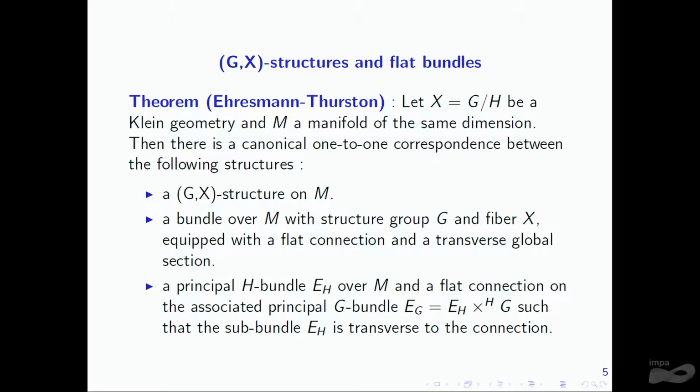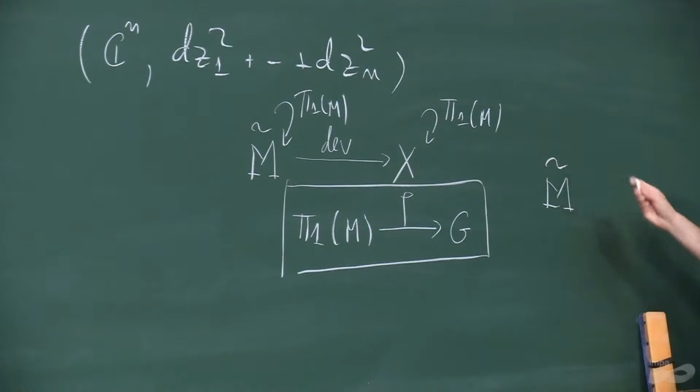The first definition is that of local coordinates in X, but here there are two equivalent definitions. The second one is a flat bundle with fiber X, which of course will come from this morphism from the fundamental group of M into G. This always gives rise to some flat G bundle, which is trivial on simply connected manifolds.